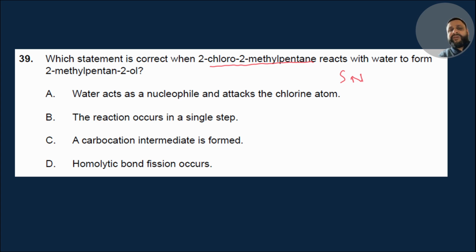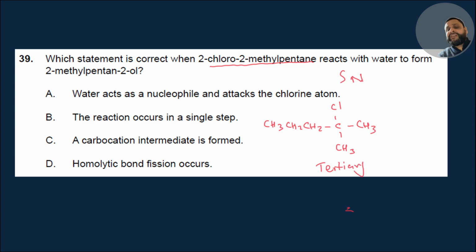Let's write down the formula of the haloalkane and see what type of haloalkane is given. So CH3, CH2, CH2, that C has a Cl, CH3, and then CH3. The given haloalkane is tertiary.